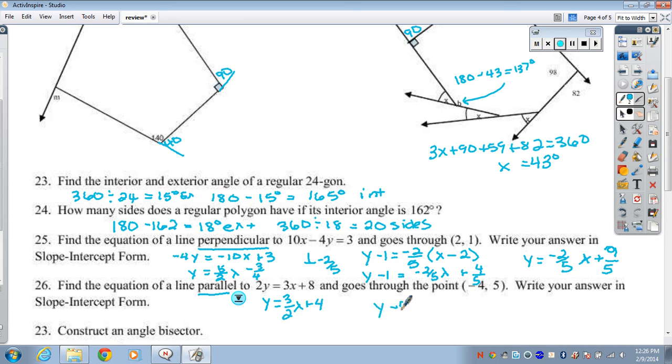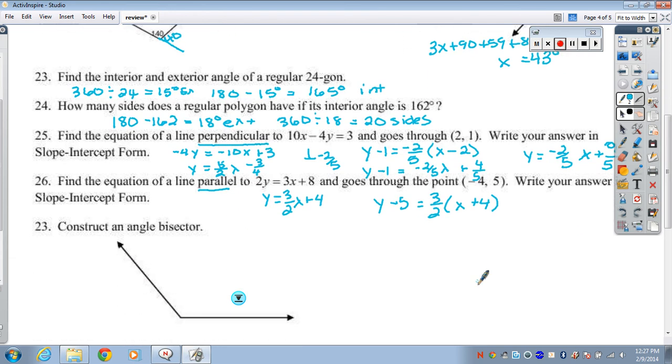Y minus 5 equals 3 halves times x plus 4, because this is a negative 4. Distribute. Y minus 5 equals 3 halves x plus 6, so y equals 3 halves x plus 11.